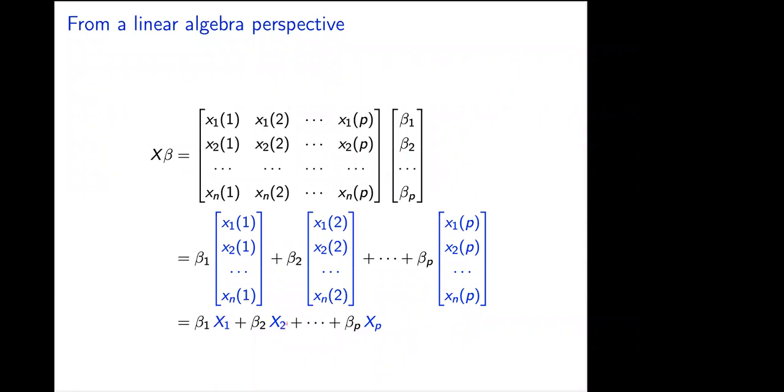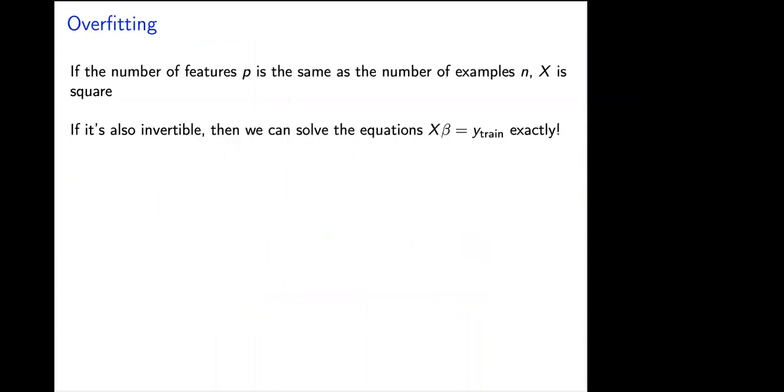If you say X1 is all of the population variables, X2 is all of the unemployment variables, and so on. Now we can run into a problem when we're training this. If we choose a number of examples that is the same as the number of features, in this case just 2 examples, we end up with a square X, which may also be invertible, which is not true of every matrix.